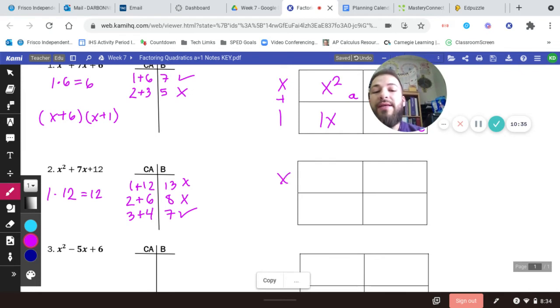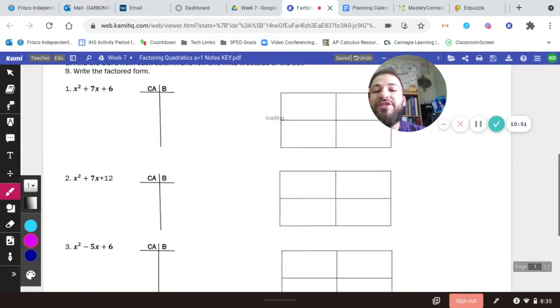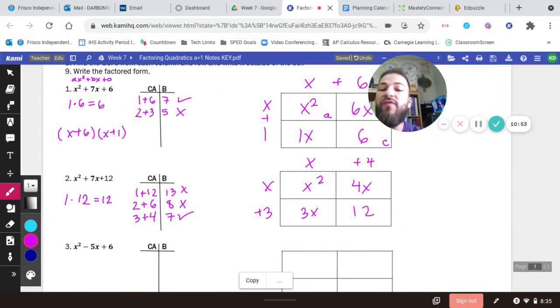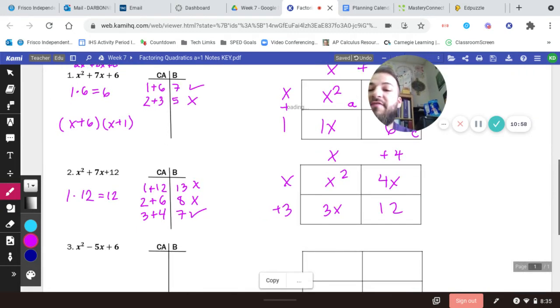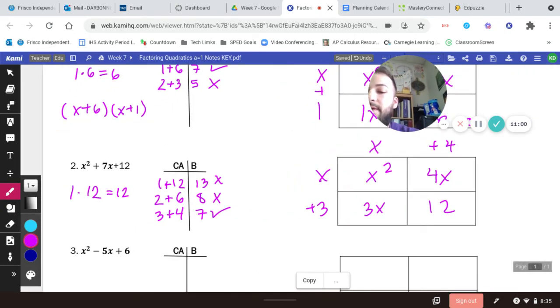So x and positive 3, x and positive 4. x times x is x squared. 4 times 3 is 12. x times 3 is 3x. And x times 4 is 4x. And just so we can check, x squared is x squared. 12 is 12. 3x plus 4x would give us 7x. So our final factored form is x plus 3 and x plus 4.